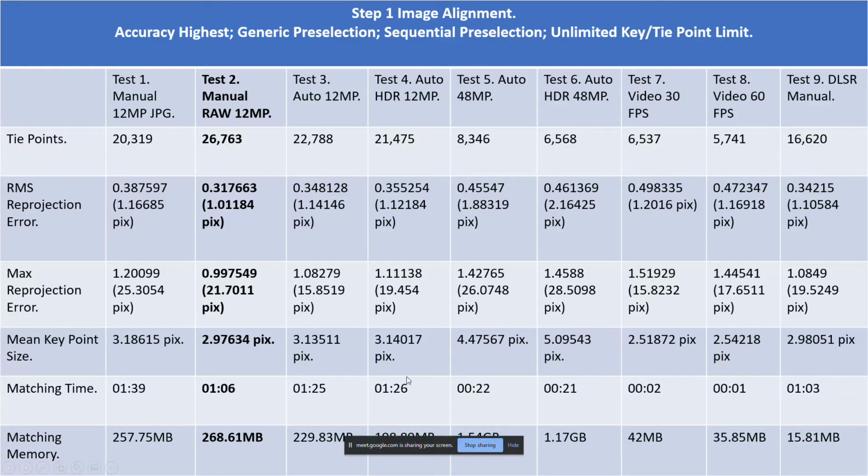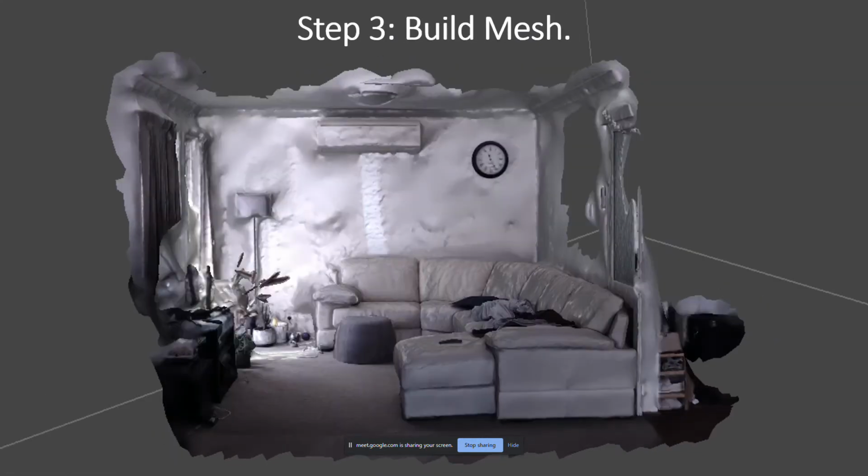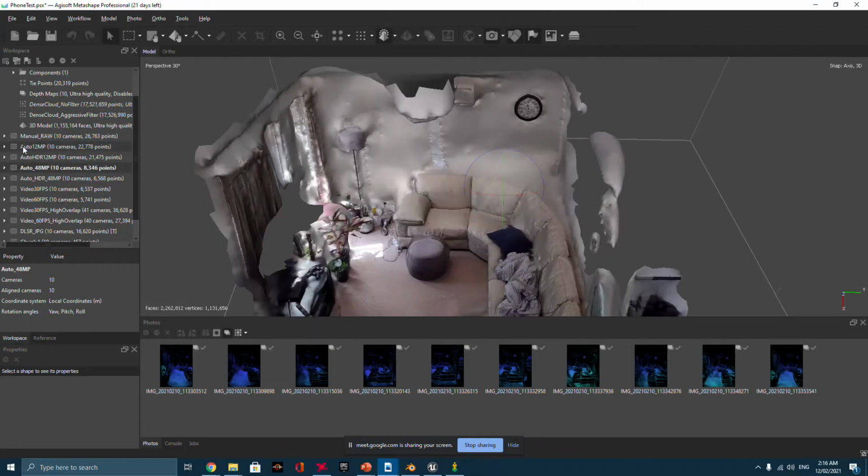So yeah, that's the mesh. The only other indication of quality perhaps could be the number of faces that are generated when you build that mesh. So for example, the raw format, 1.2 million, basically 1.15 for the JPEG. We have just over 1 million for the auto mode 12 megapixel.